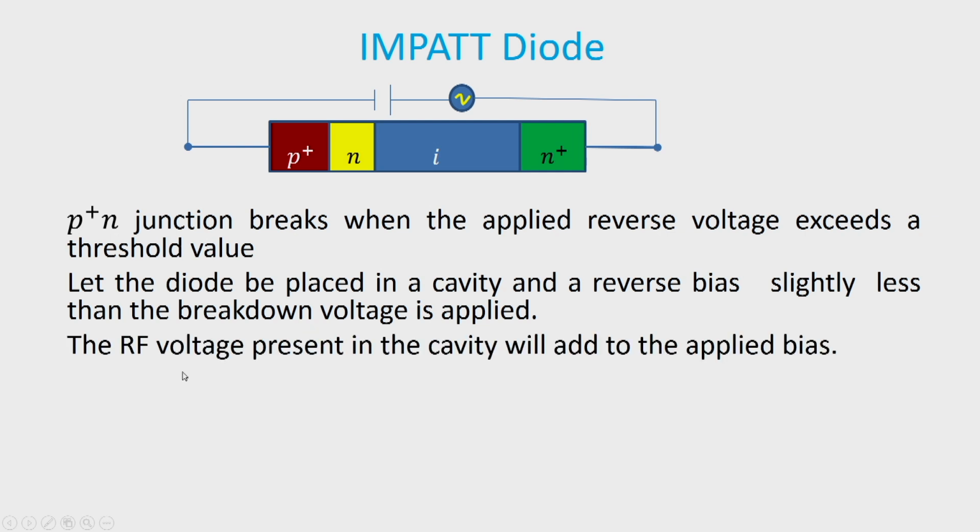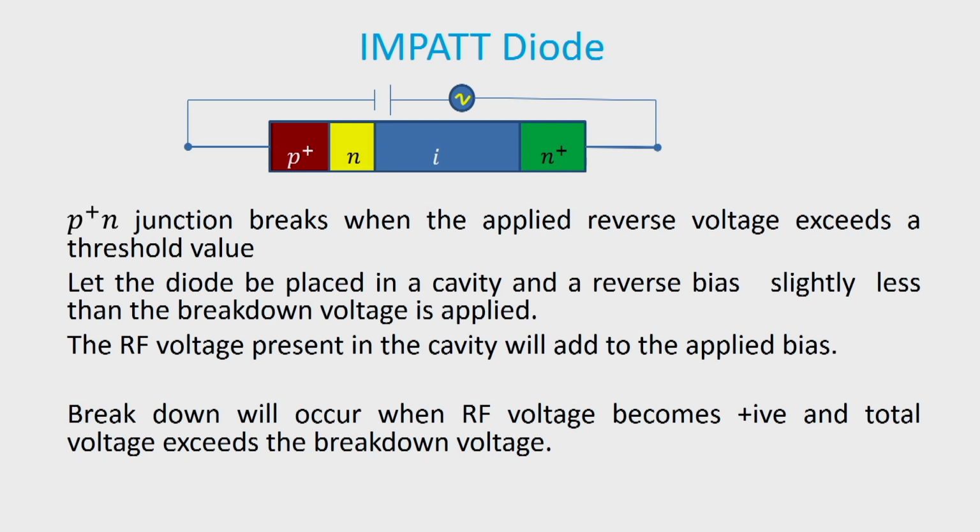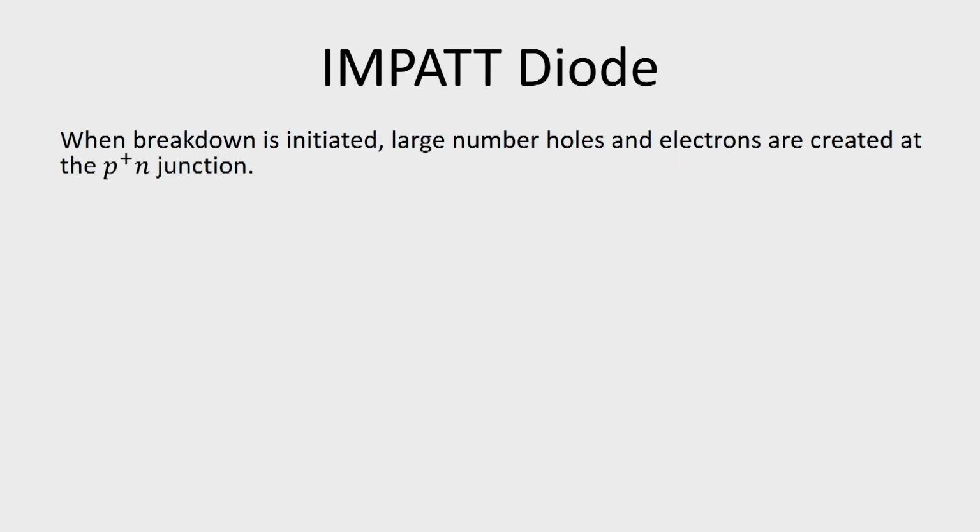As we have said, the RF voltage present in the cavity will add to the applied bias. Breakdown will occur when the RF voltage becomes positive and the total applied voltage exceeds the breakdown voltage. When the breakdown is initiated, a large number of holes and electrons are created at the P plus N junction.